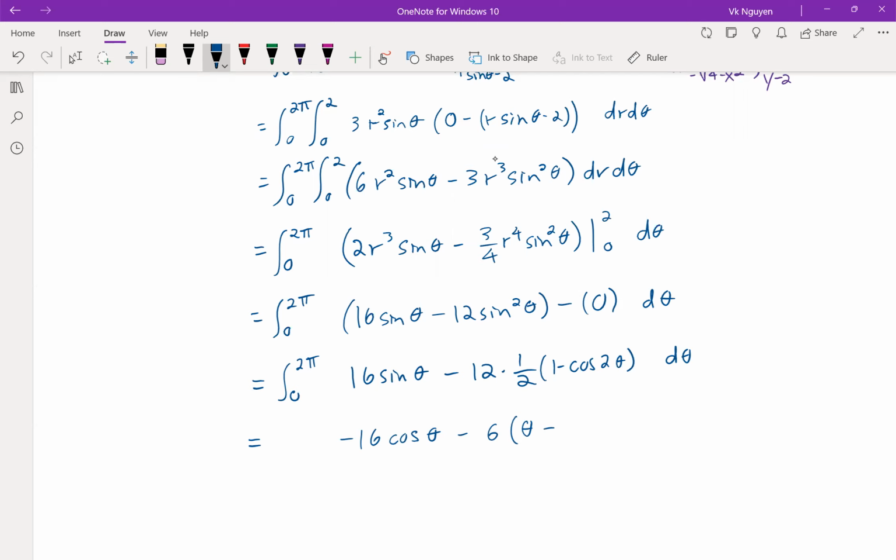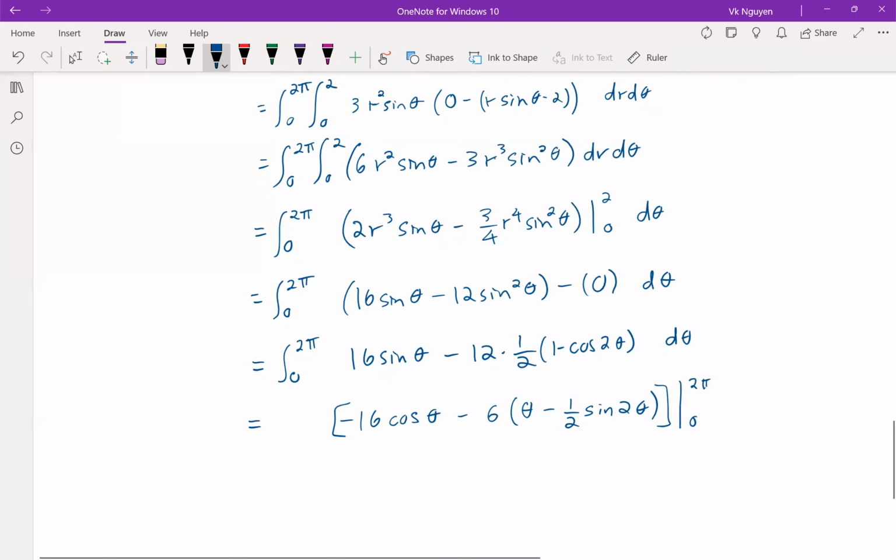And then the integral of cosine is sine, but then you have to divide by 2, so it's negative 1 over 2 sine 2 theta, from 0 to 2 pi.